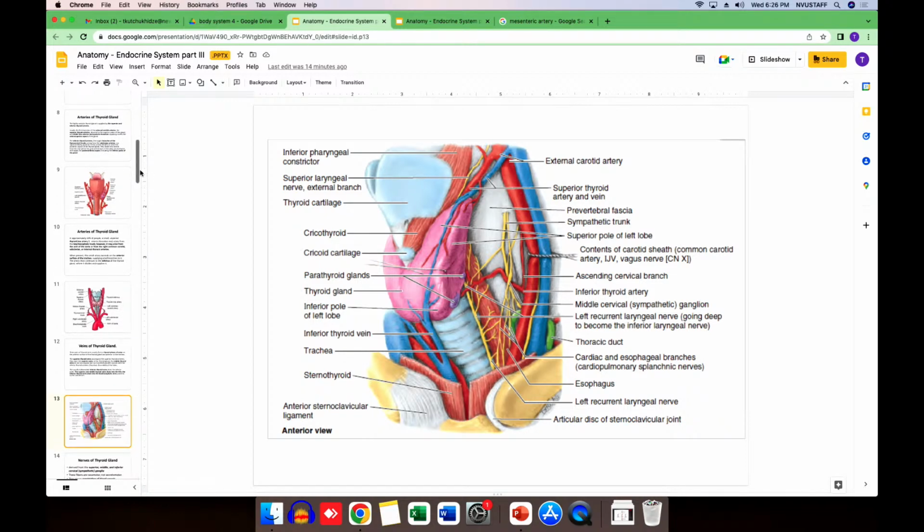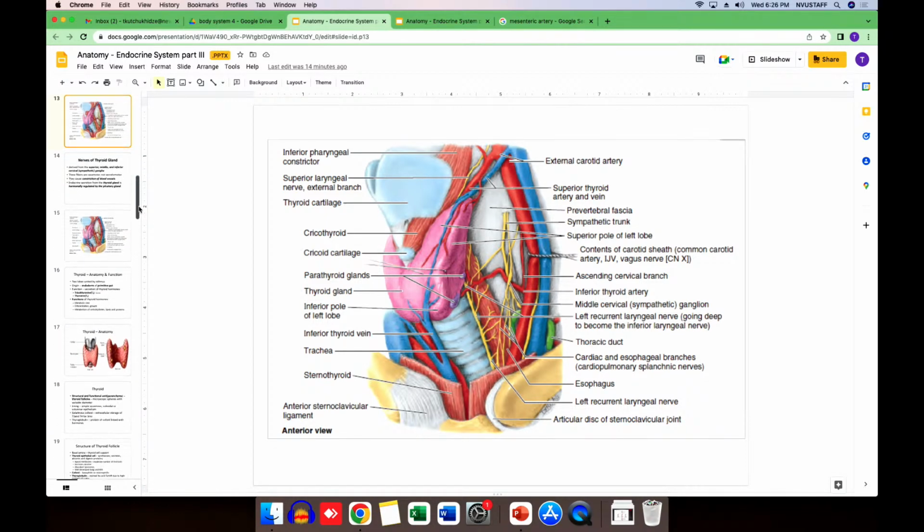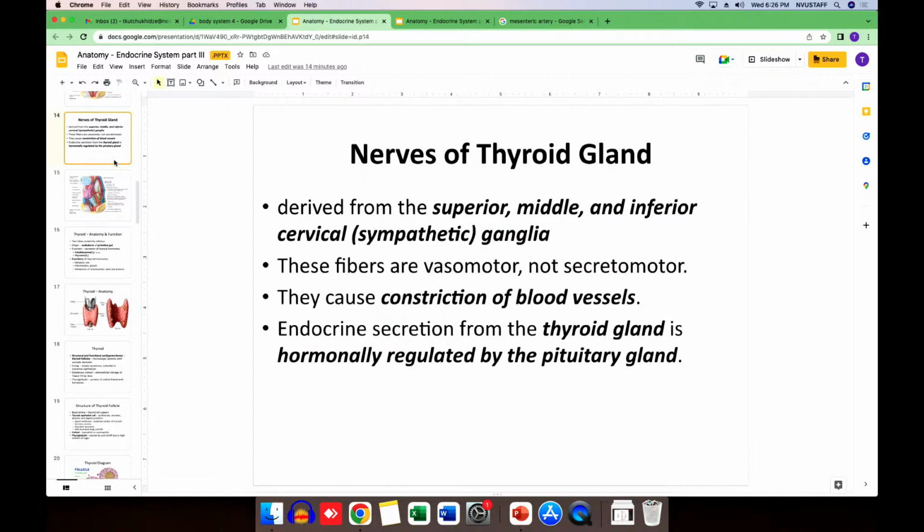Okay, talking about the innervation of the thyroid gland. The nerves of the thyroid gland are derived from the superior, middle, and inferior sympathetic ganglia. Fibers are vasomotor and not secretomotor, because for the adrenal gland it was secretomotor, right?